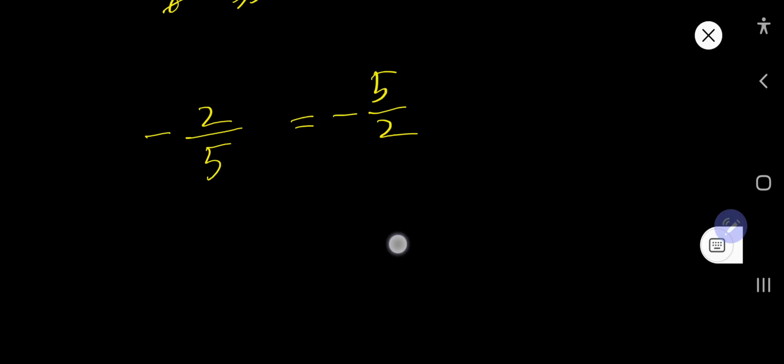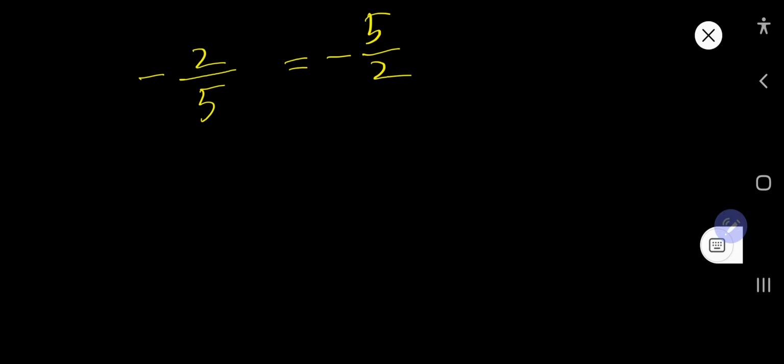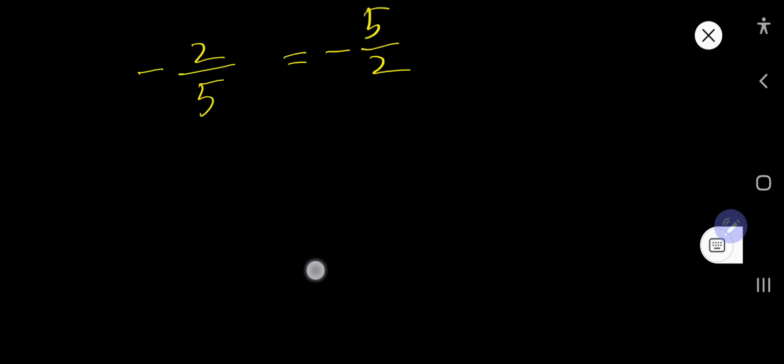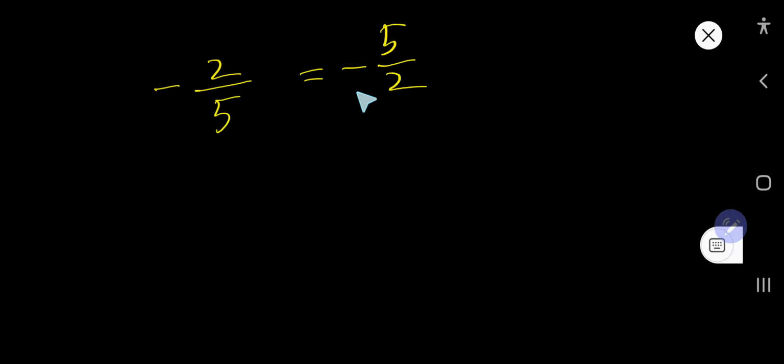So what will be the reciprocal of this fraction? This is a negative fraction, right? Minus 2 over 5. Just flip the position of numerator and denominator and take the negative sign before it, right? So this is the way to convert a negative fraction to its reciprocal. If you multiply a fraction, even a negative fraction, with its reciprocal, then the result will always be 1.